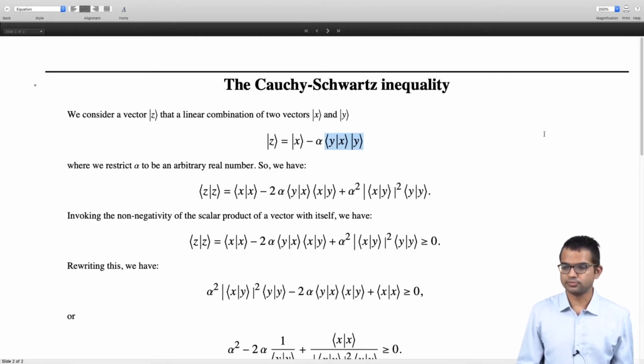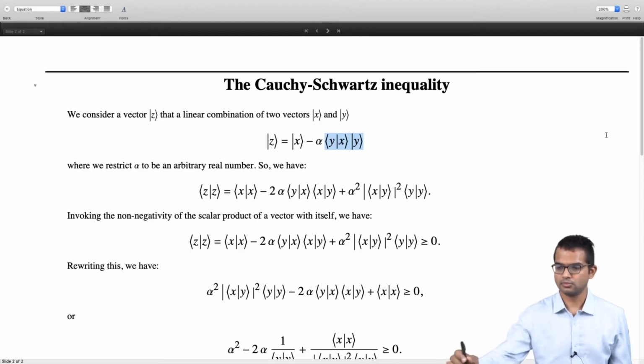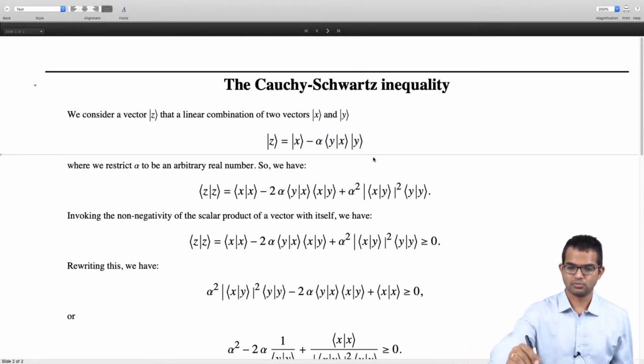Okay, so let's restrict alpha to be some real number. If we take the inner product of z with itself, what do we get?